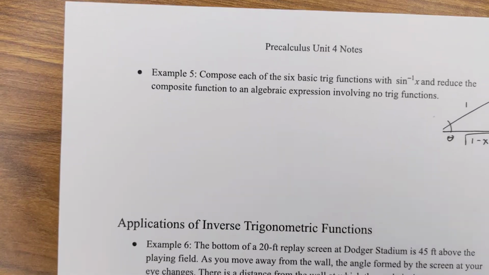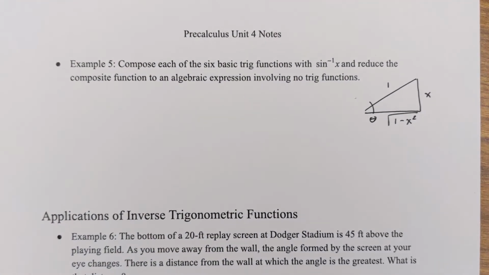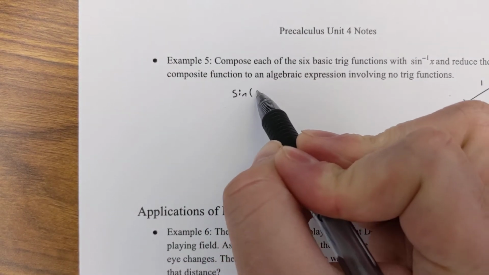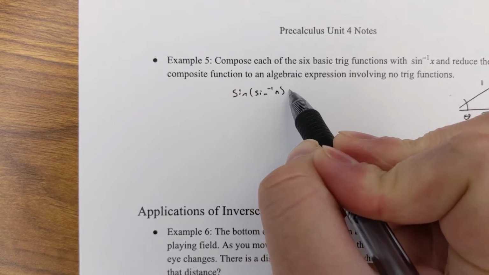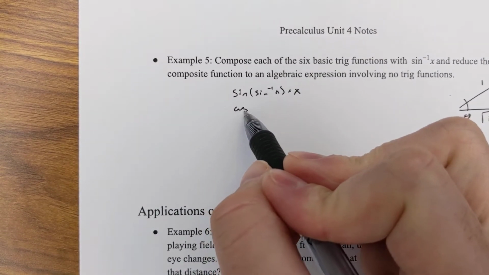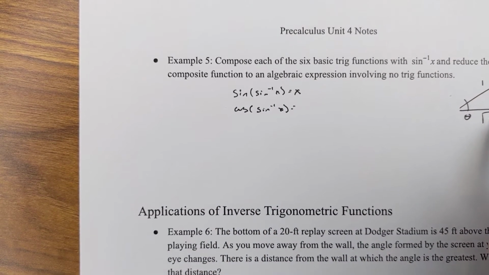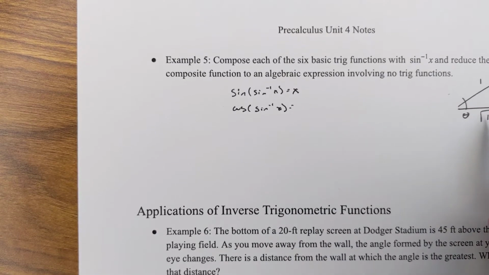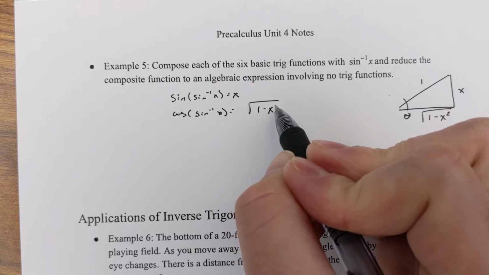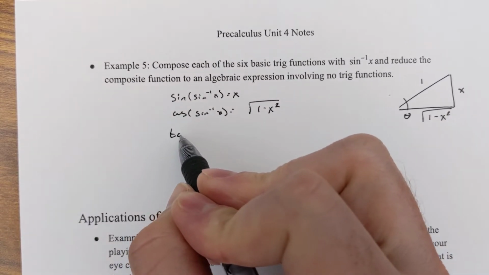So compose the right function with the inverse sine. We've got the sine of the inverse sine of x. Well, that's just x. So the cosine of the inverse sine of x is, so here's my triangle, adjacent over hypotenuse. This is the square root of 1 minus x squared.